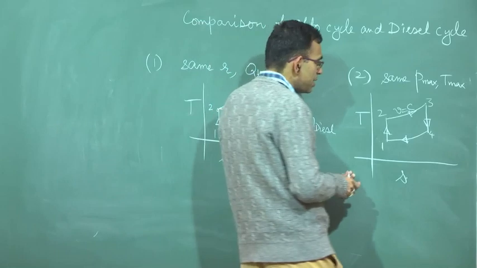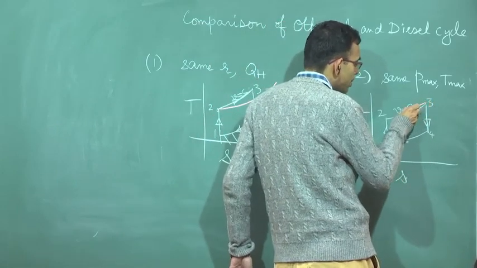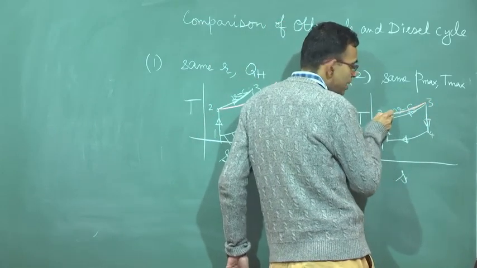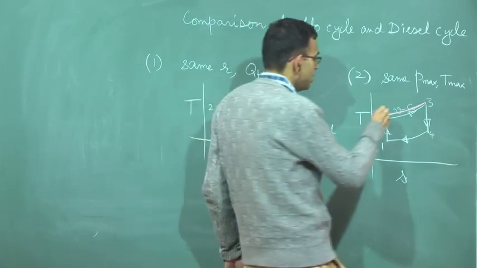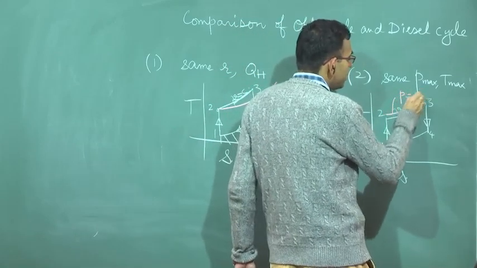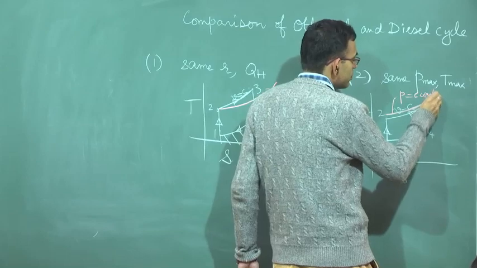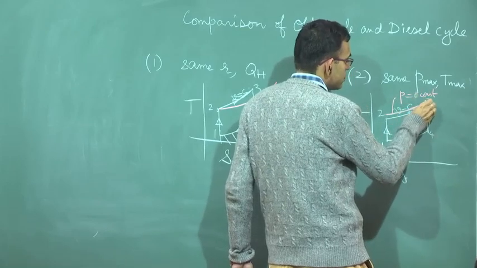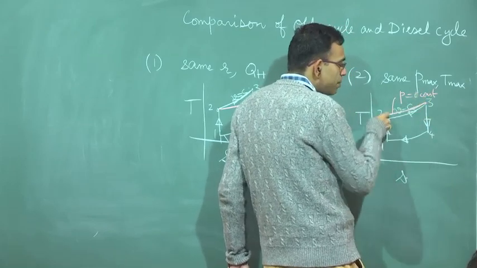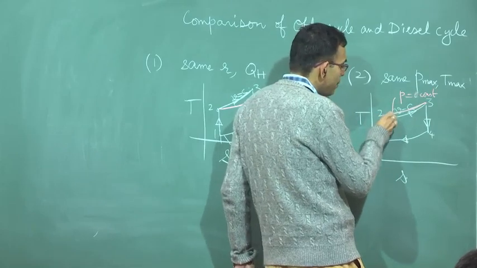So the constant pressure line will be less steep and it will go something like this. This is P equal to constant, less steep than the constant volume line.